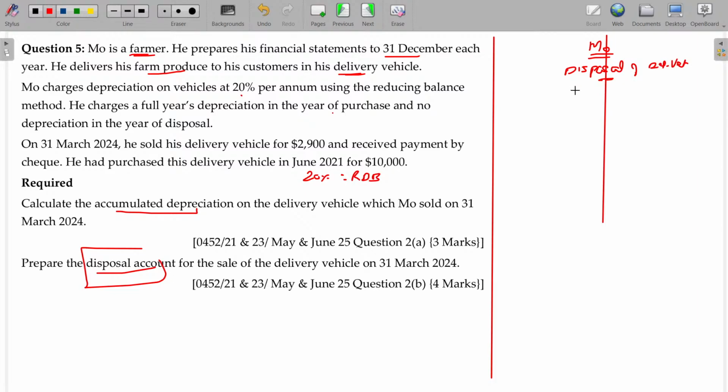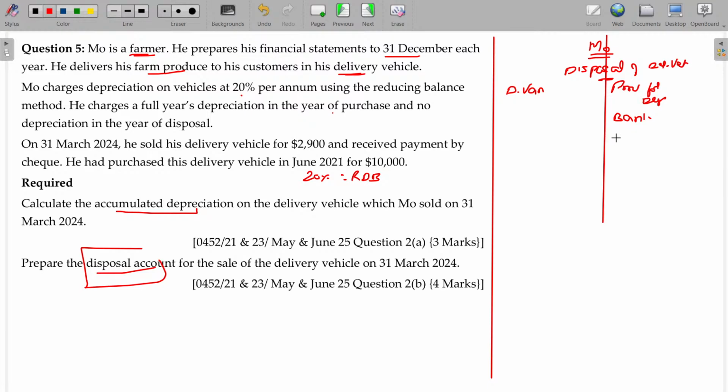When you sell, you can post the value here directly. The delivery van cost and accumulated depreciation should be posted to the other side, provision for depreciation. And any amount recovered, bank, or if it is recoverable, the party's name will be posted.